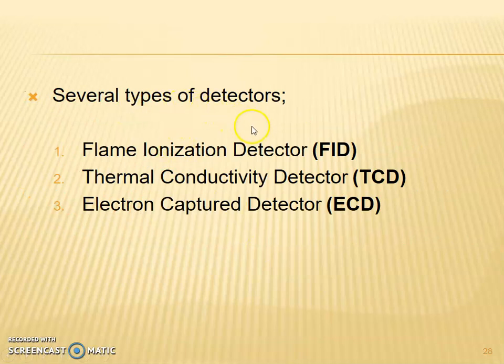The types of detector are FID, flame ionization detector; TCD, thermal conductivity detector; and lastly ECD, electron capture detector.